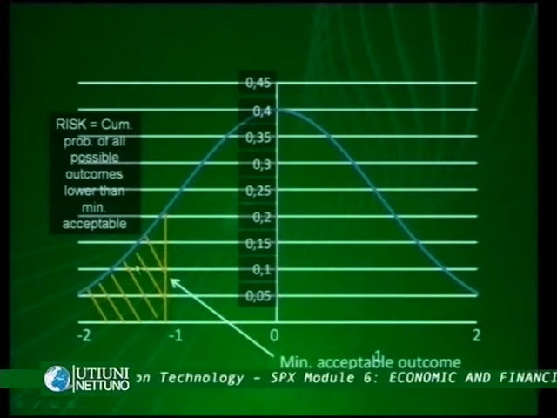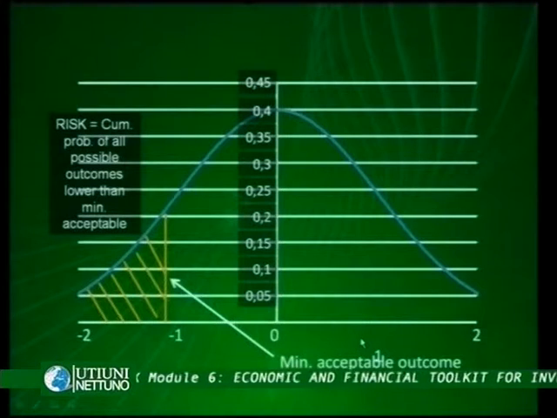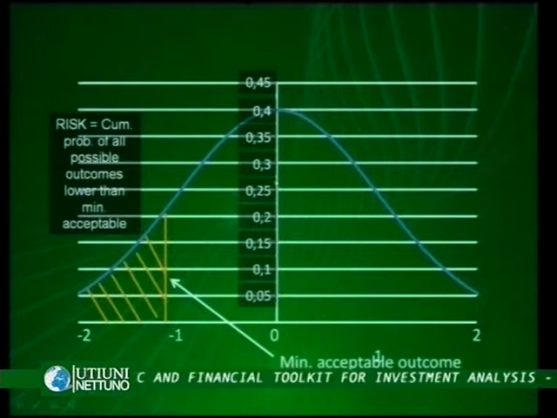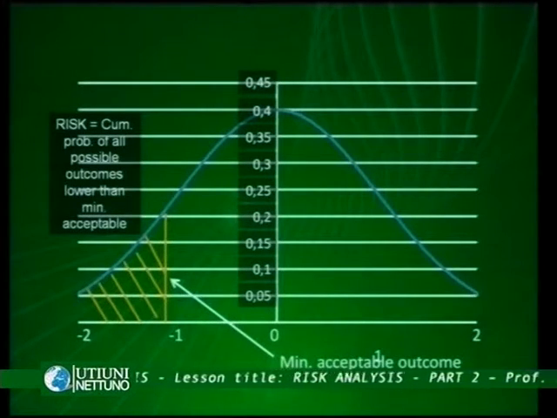So in this graph, on the x-axis, you have the possible outcomes that a project can generate in the future. On the y-axis, you have the relative probabilities, and so the shape of the normal distribution is saying what is the probability expected for each of the outcomes that is in the range of the project.